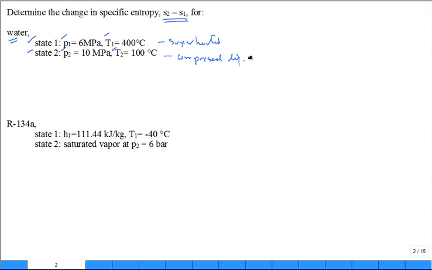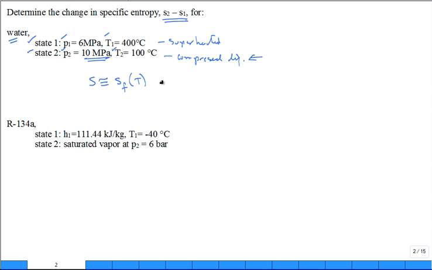With a compressed liquid, if you have a compressed liquid table for water, great, you won't have it for refrigerant. But you can maybe, because the pressure is so high, 10 megapascal, you can find that in the compressed liquid table. Otherwise, you'd have to use an approximation that S is approximately equal to S of F at the given temperature, the saturated liquid's entropy, neglecting the effect of pressure.